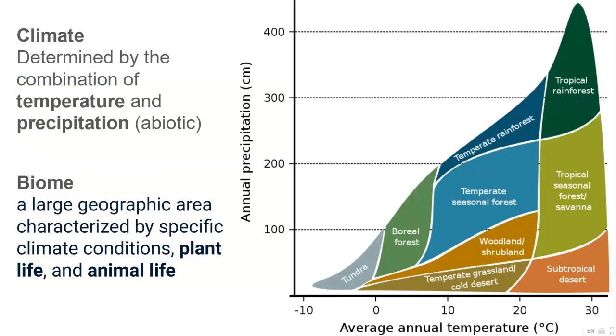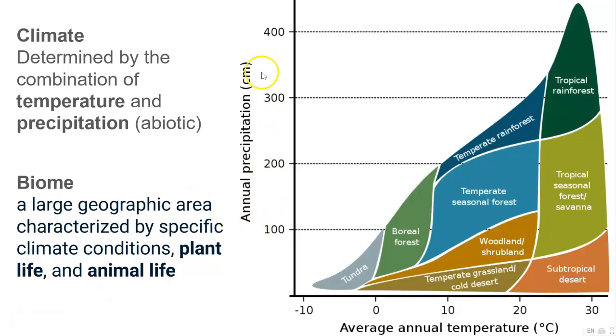So this is a very unique graph that we're going to focus on in one of the worksheets that you're about to do. And this takes a look at the combination of temperature and precipitation. So this is what we define climate to be. Okay, so climate is determined by the combination of temperature and precipitation.